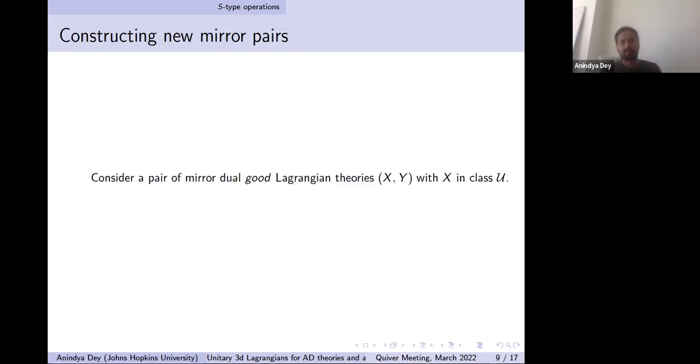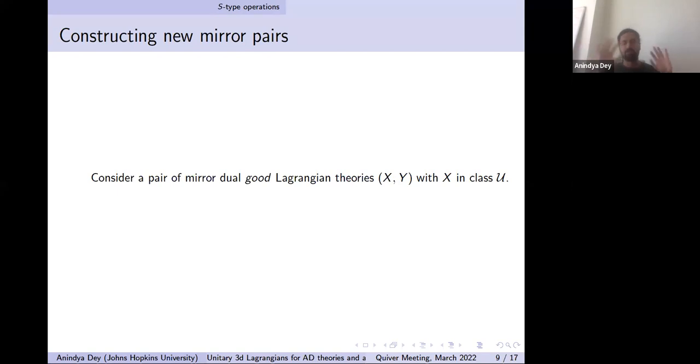Okay, so now why am I saying all this? I'm saying all this because I want to construct new mirror pairs given older ones. So remember the initial problem was that you gave me a very complicated quiver, and I was supposed to find out the 3D mirror of them. Okay, that was a 3D problem that we started with. Now, to answer that question, my strategy is to start with a pair of theories which are known, which are simple, which we know the mirror.